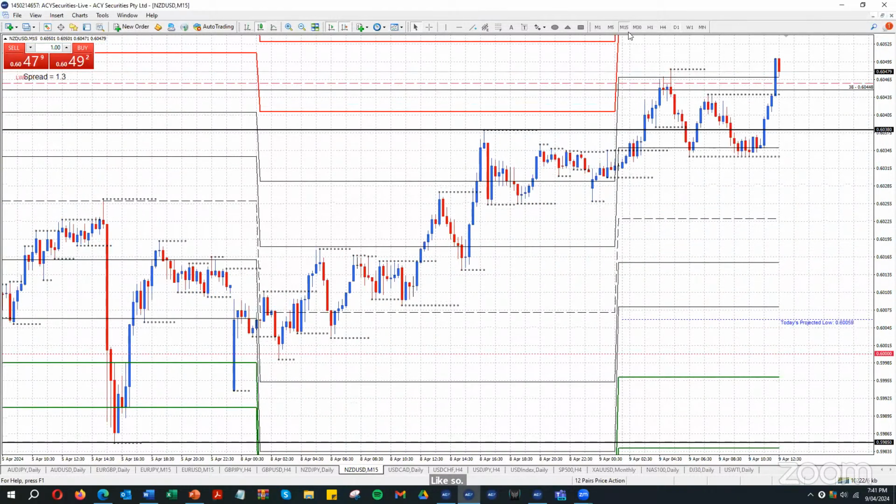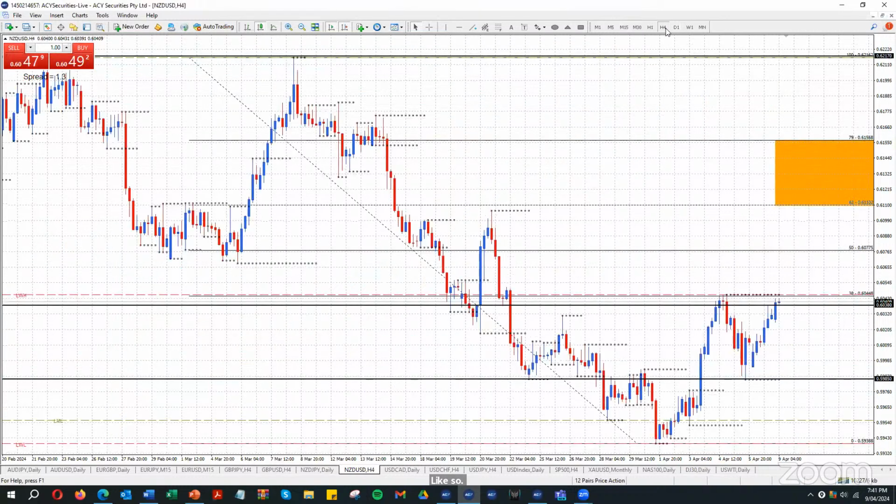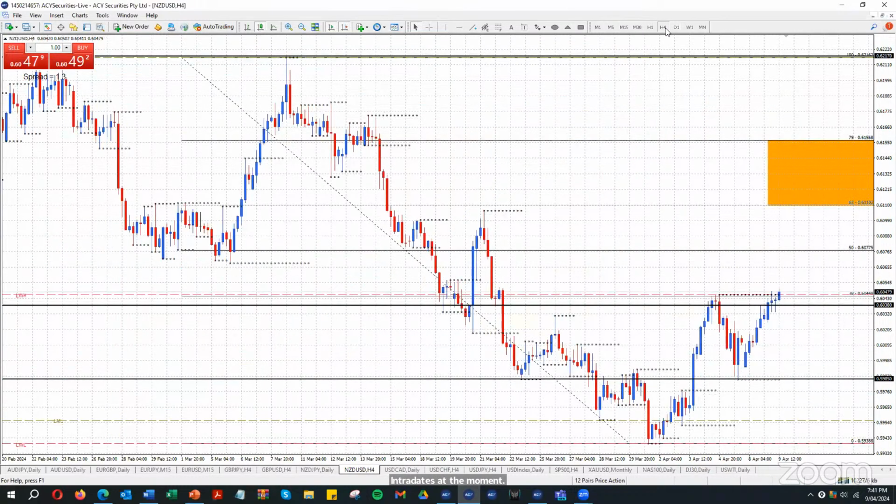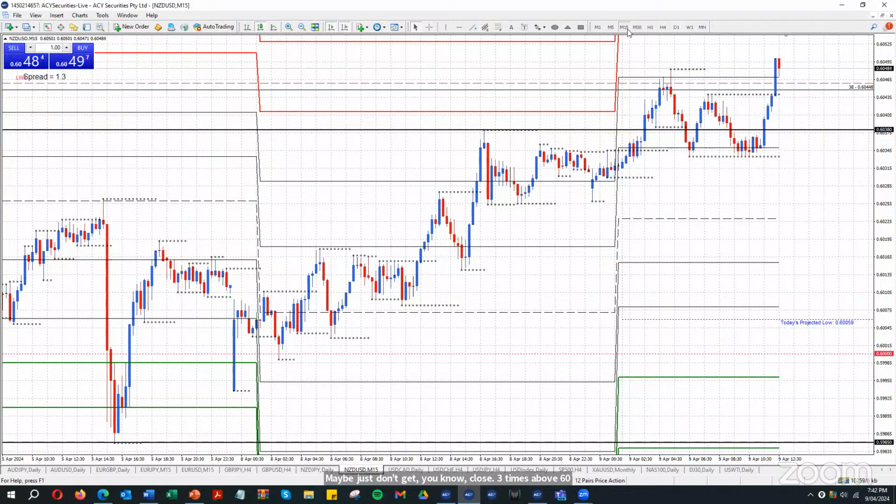Intraday at the moment, let's move to the 4 hour. It's maybe just starting to get, you know, it's closed 3 times above 60.38 and maybe starting to become support intraday. Most definitely, if you want to get long, you want to be looking for a pullback to 60.38.